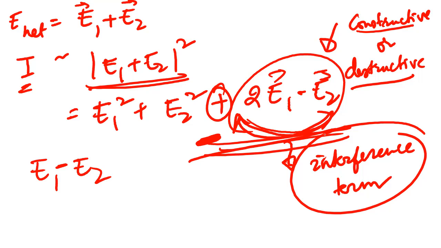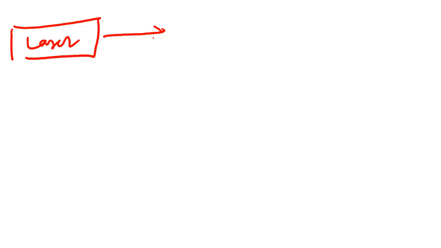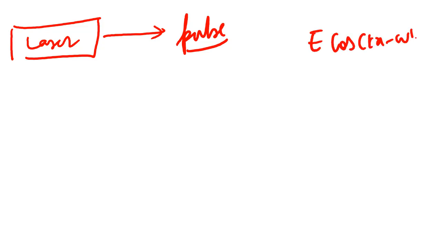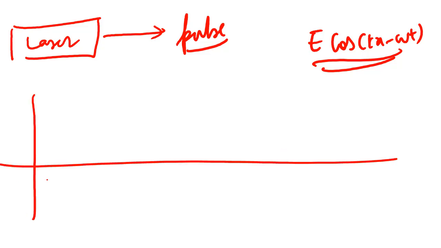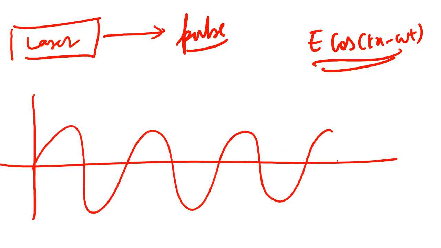Now we were just mentioning lasers. When you see a laser pulse, for example, if I have a laser and I get a pulse of light from this laser, this pulse of light is not just E cosine kx minus omega t, because E cosine kx minus omega t is basically infinite.